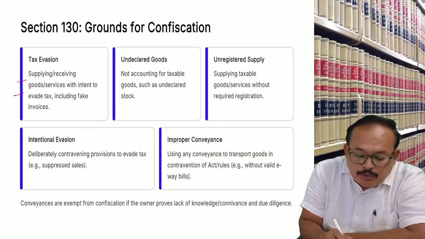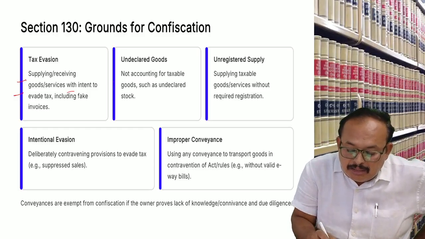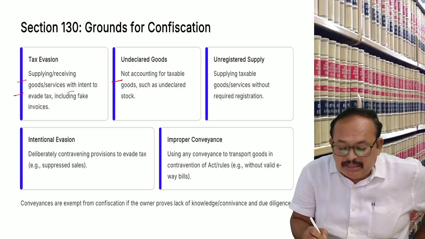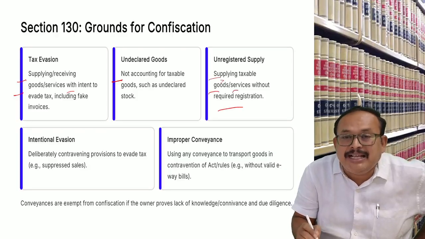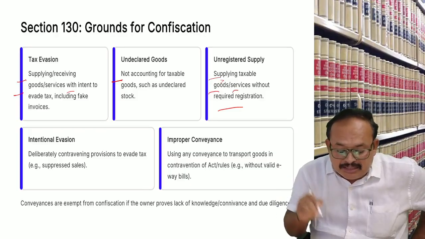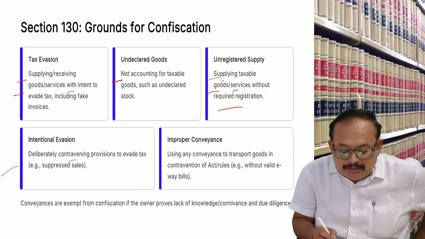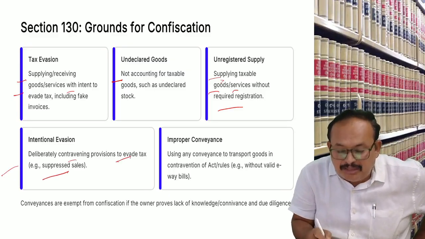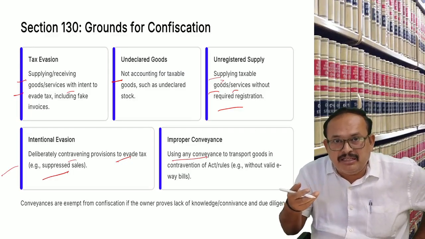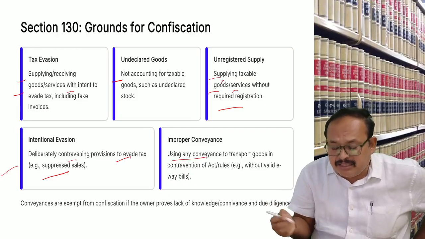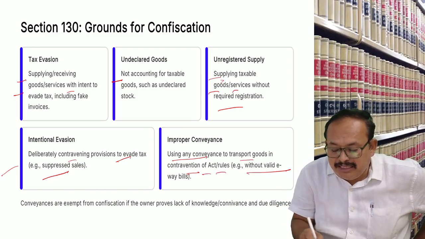Supplying or receiving goods with intent to evade tax, or not accounting for taxable goods such as undeclared stock, supplying taxable goods without required registration, deliberately contravening the provisions, suppressed sales causing evasion of tax, using any conveyance, meaning goods vehicle, aircraft or vessel, to transport the goods in contravention of the Act and rules, without valid e-way bill and all.